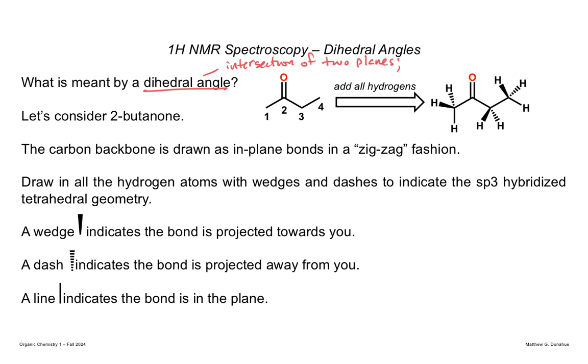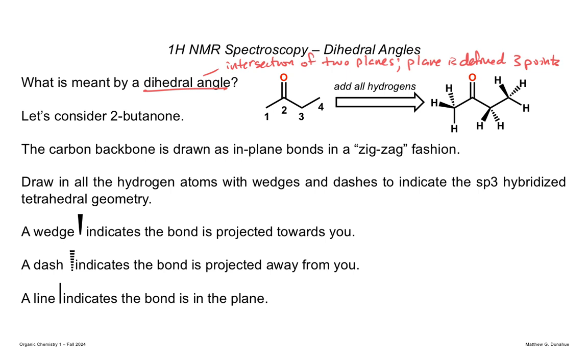And so we know that a plane is defined by 3 points. And so the 3 points for each plane are essentially our atoms.